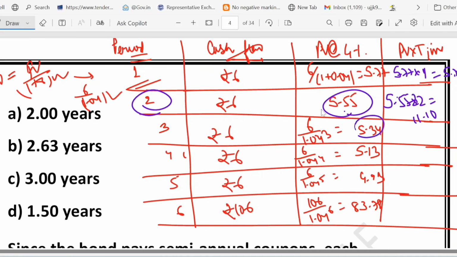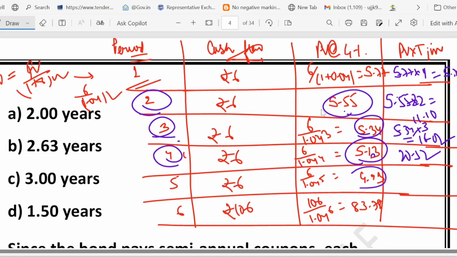In the third row, 5.34 multiplied by 3 gives us 16.02. Similarly, 5.13 multiplied by 4 is equal to 20.52. 4.93 multiplied by 5 is equal to 24.65. And finally, 83.78 multiplied by 6 is equal to 502.68.